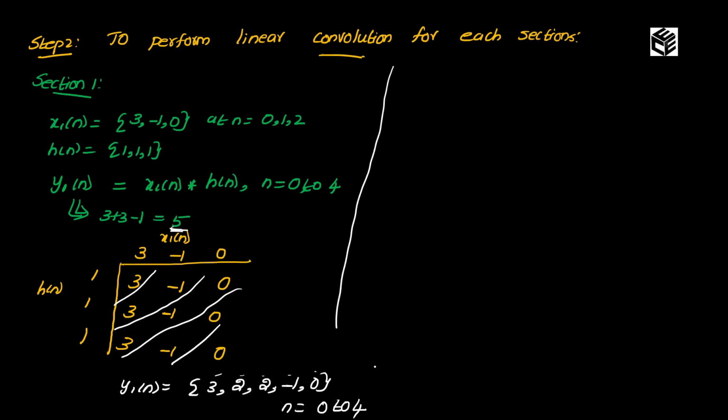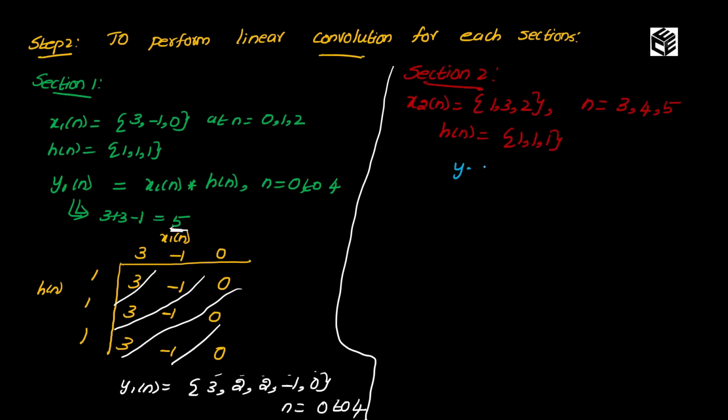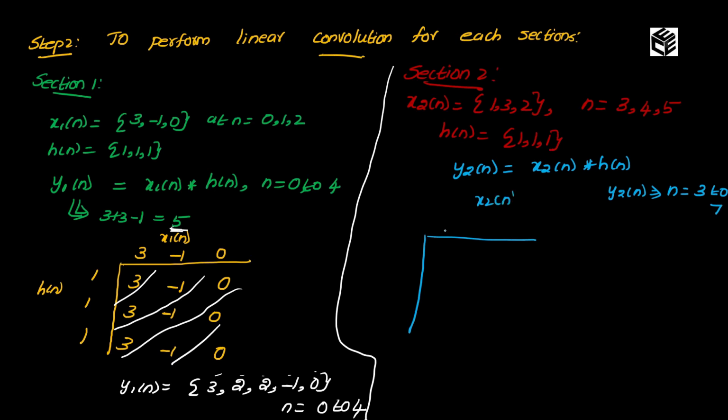Now I am going to perform convolution for section 2. Here I am going to find y2 of n. y2 of n is nothing but x2 of n convolved with h of n. Here y2 of n starts from n equal to 3 to 7. Now I represent x2 of n, which is 1, 3, 2, and h of n, which is 1, 1, 1.